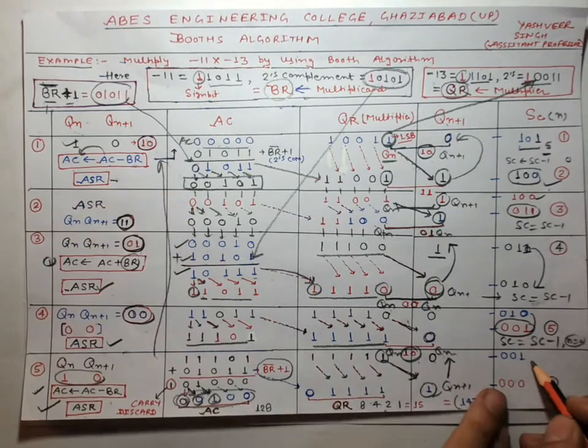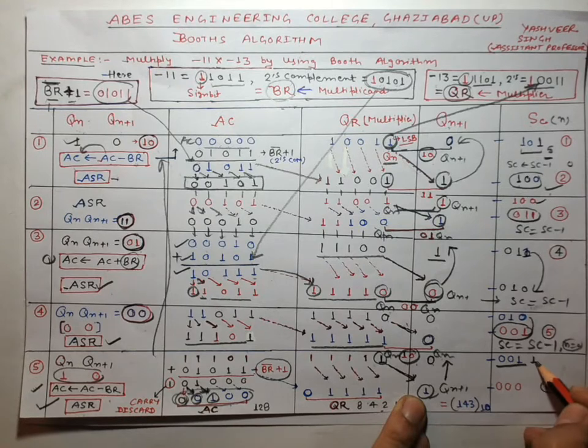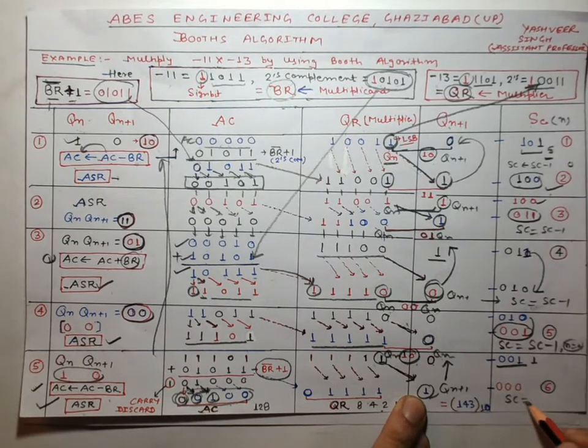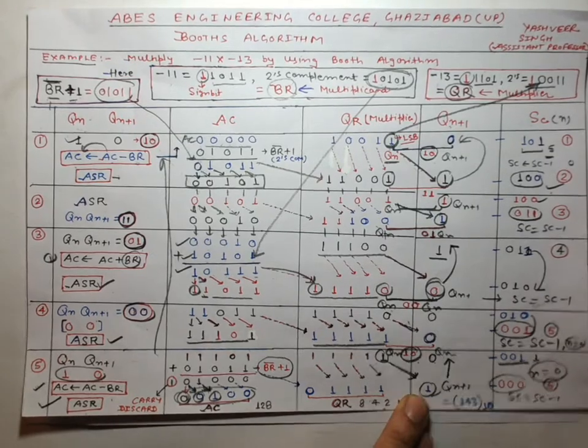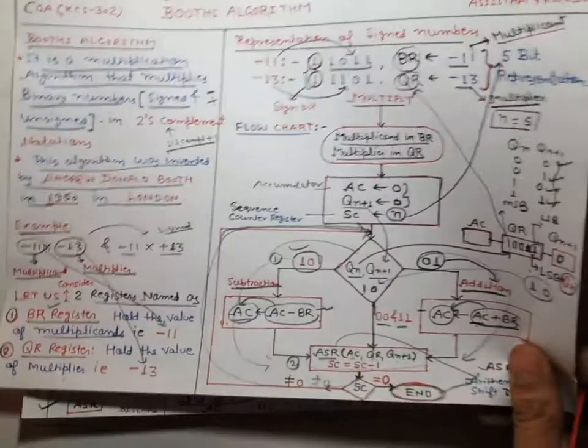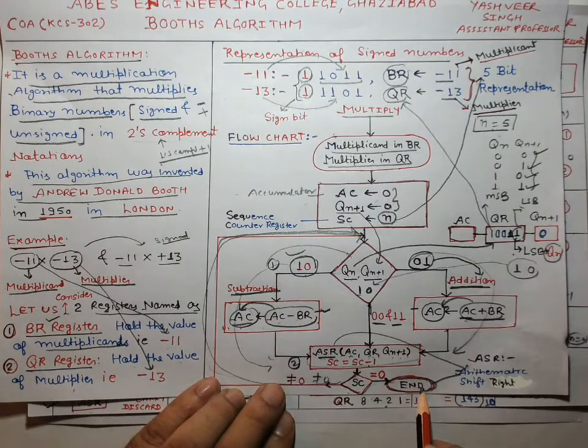Then here we see that the sequence counter before this step was 1, and here sequence counter equals sequence counter minus 1. It means that n equals 0. If we find sequence counter equal to 0, then we will get the final output, okay.